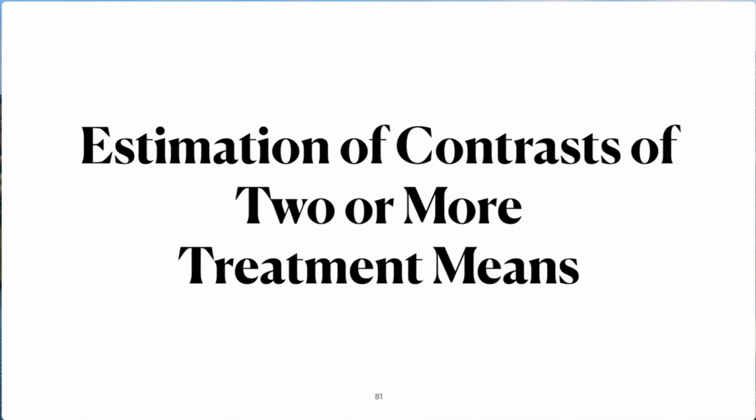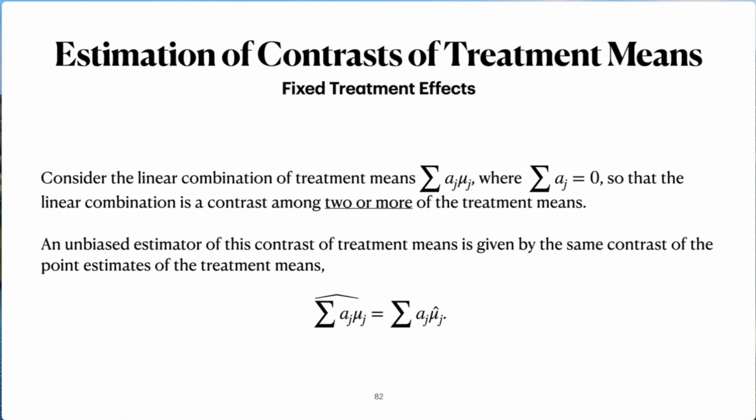All right, we continue on here with estimation of contrasts of two or more treatment means. Consider the linear combination of treatment means given by the sum, j going from 1 to t, of a sub j times mu sub j, where the a's are the coefficients we're multiplying against the treatment means.